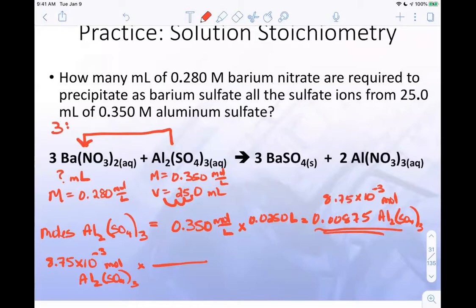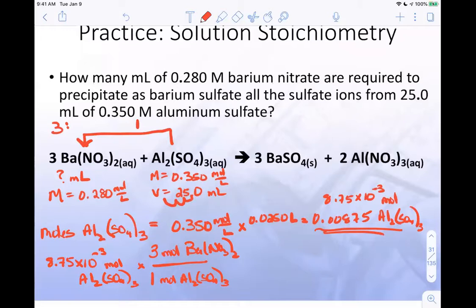This is a 3-to-1 ratio from the balanced chemical equation. So for every 1 mole of Al2SO4 I need 3 moles of barium nitrate.